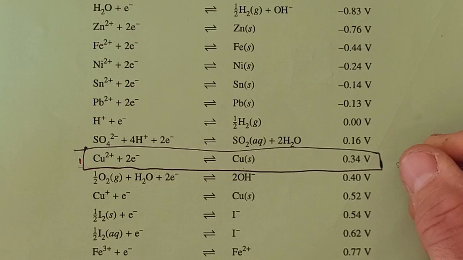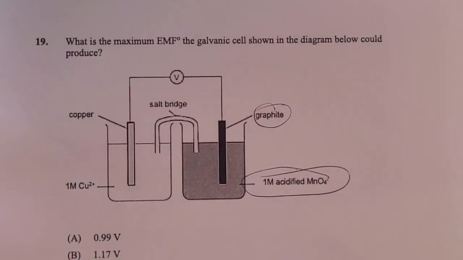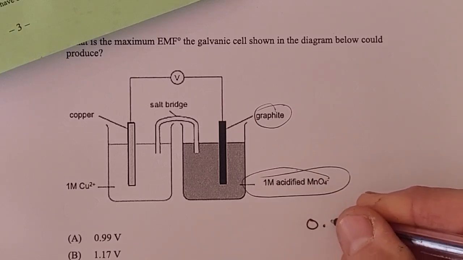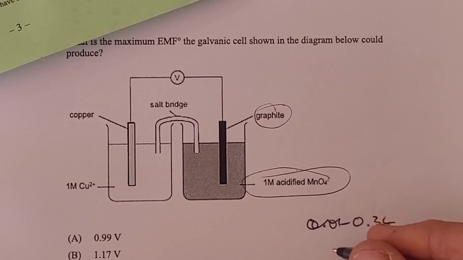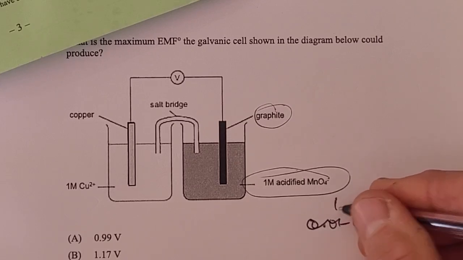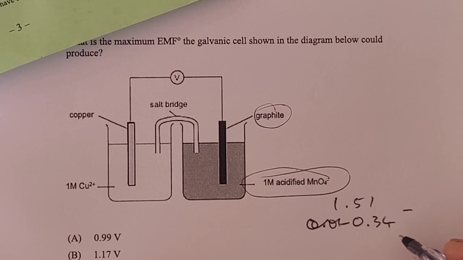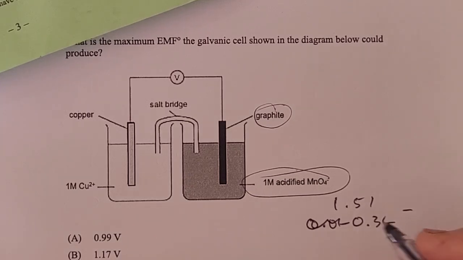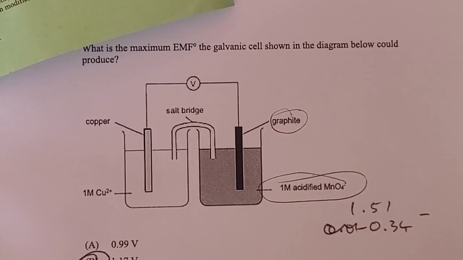So the copper is going to change to negative 0.34, and then 1.51. So here we go, 19 is B.